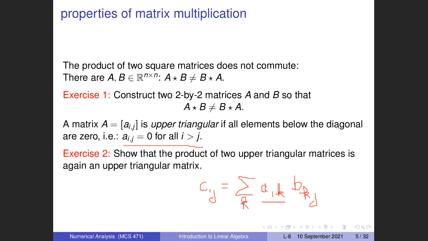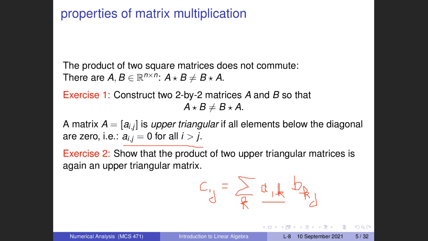But in real computations, if you can do something twice as fast, then this is often a big thing. So in a way, exercise 2 is a mathematical exercise, but you can also see this as a way to find a better formula in case your matrices are upper triangular.